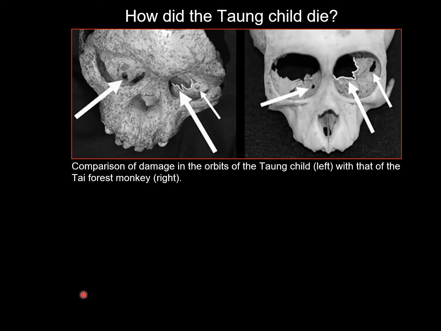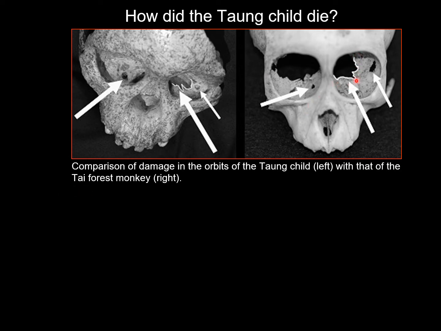So how did the Taung child die? This one is very interesting. So on the left here is the Taung child. You can see at the bottom of the eye socket, there's a big puncture mark there. And the floor of the eye socket has also been removed here. So these marks are very similar to that of this monkey found at a site called the Taï Forest, right?